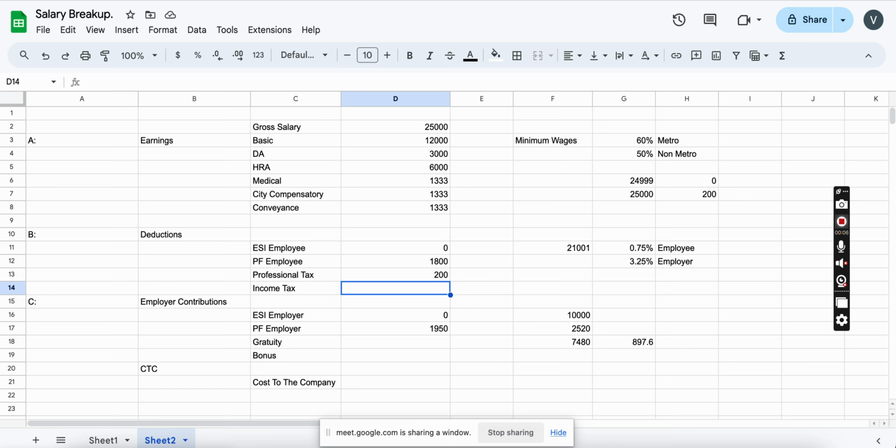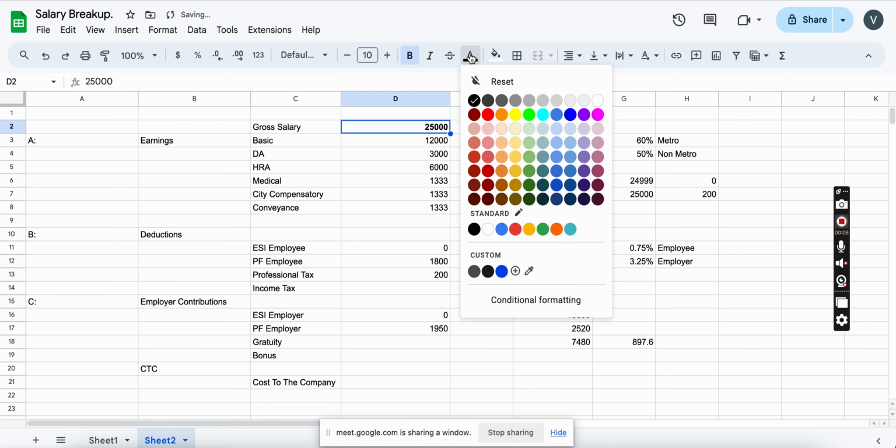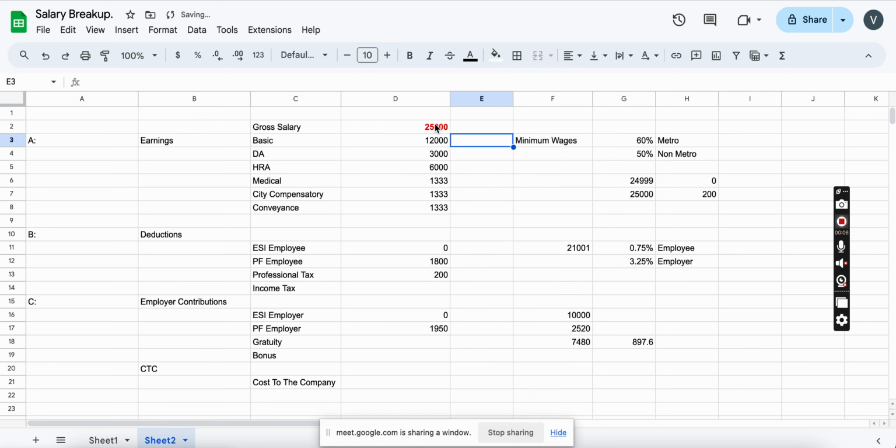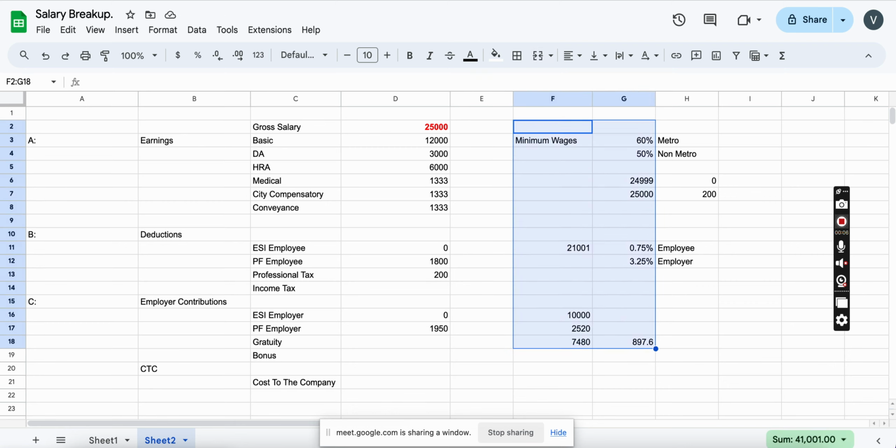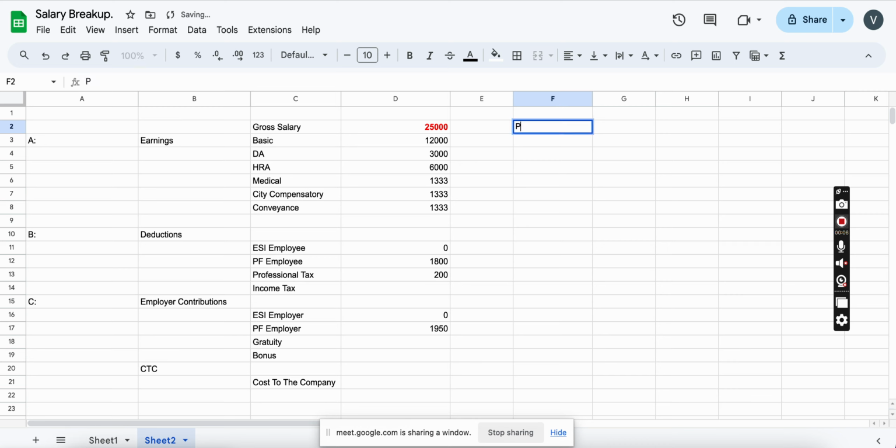If we are preparing the same breakup for a Gujarat employee, then in Gujarat the rule is, if the employee's gross salary is 12,000, then it is 200, otherwise 0.